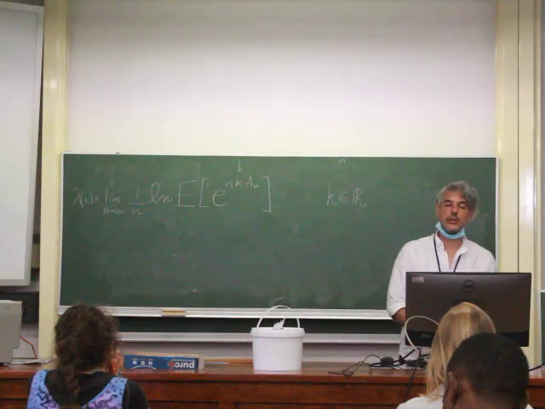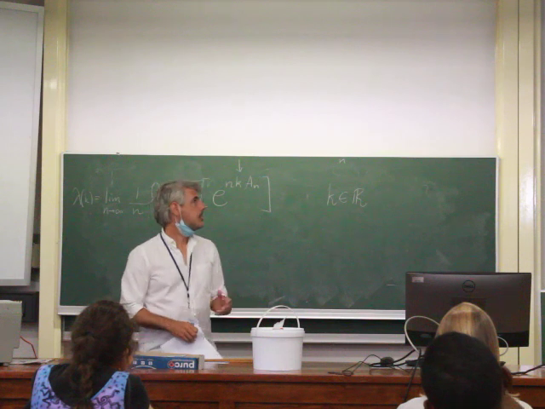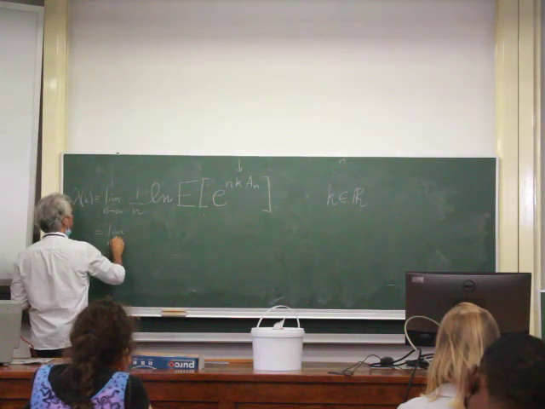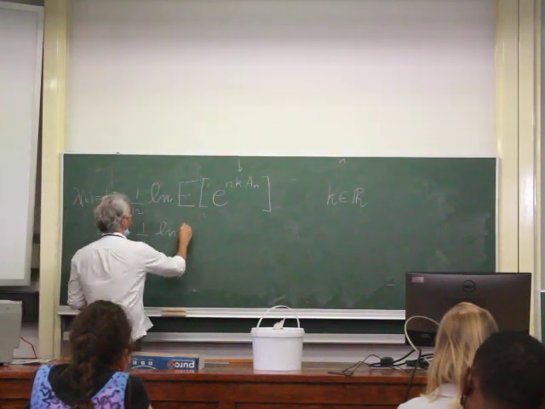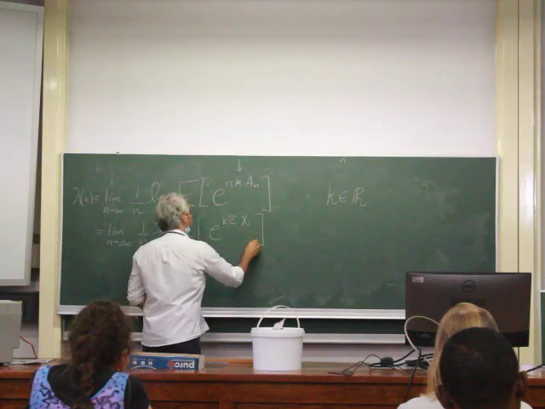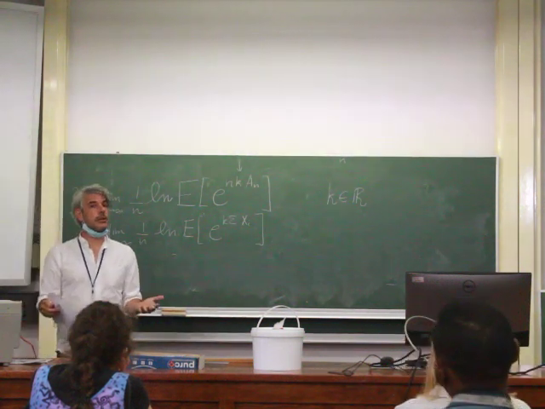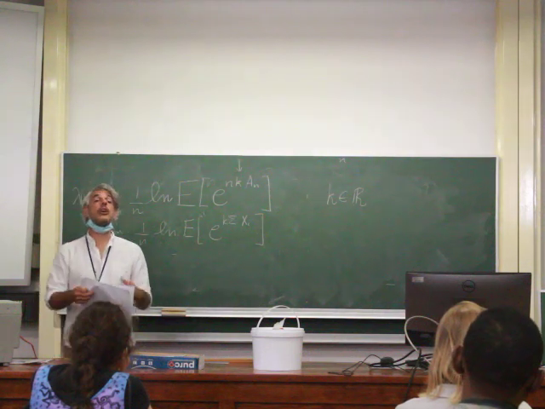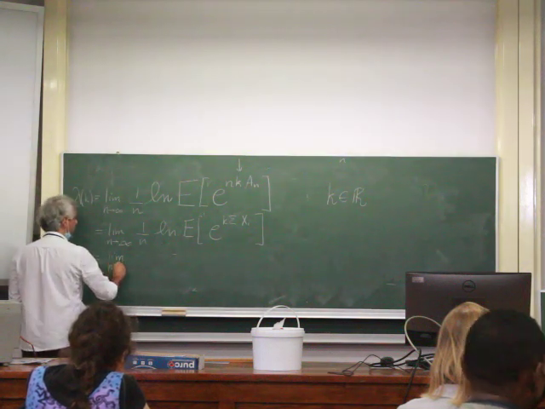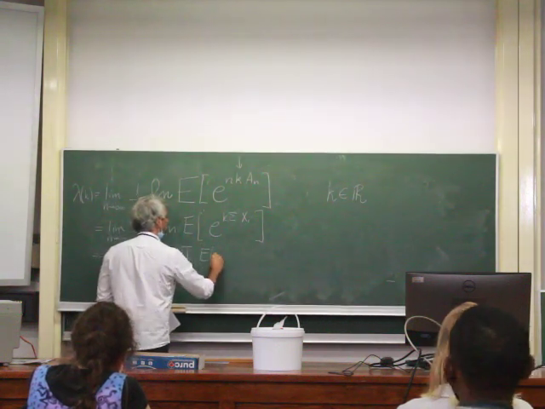But if you take as a particular case the sum of IID random variables, then the Gärtner-Ellis theorem reduces to Cramér's theorem. The result is not so difficult, because what you have here for a sum is the log of the expectation of e to the k times a sum. The expectation of the exponential of a sum is the product of the expectations, if you're dealing with independent random variables. So for IID random variables, I'm going to have 1 over n and the product of the expectations of e to the k X_i.